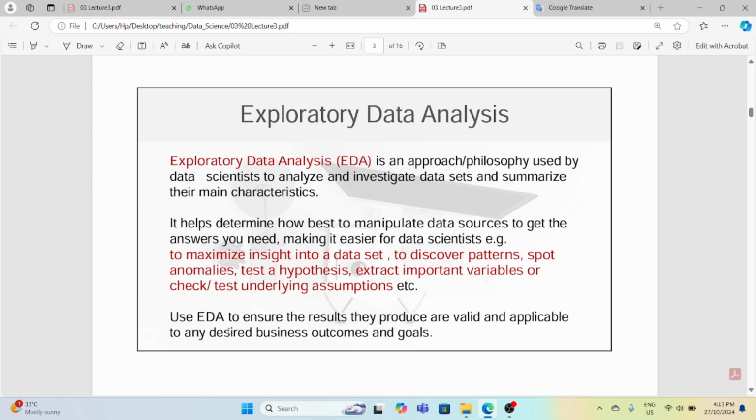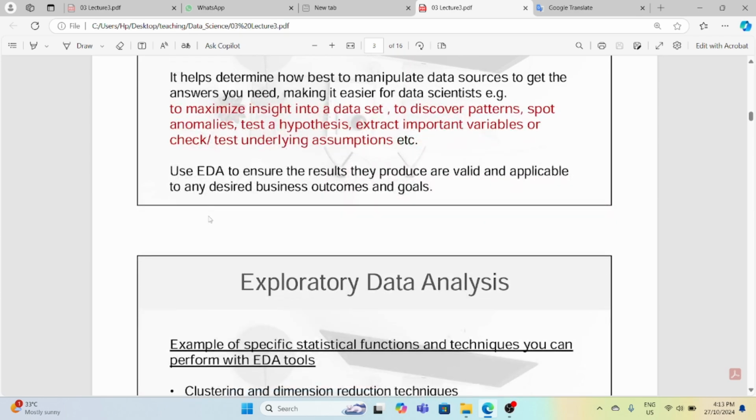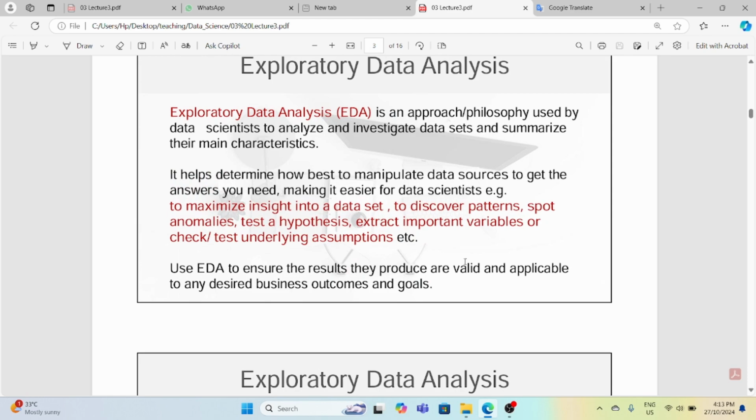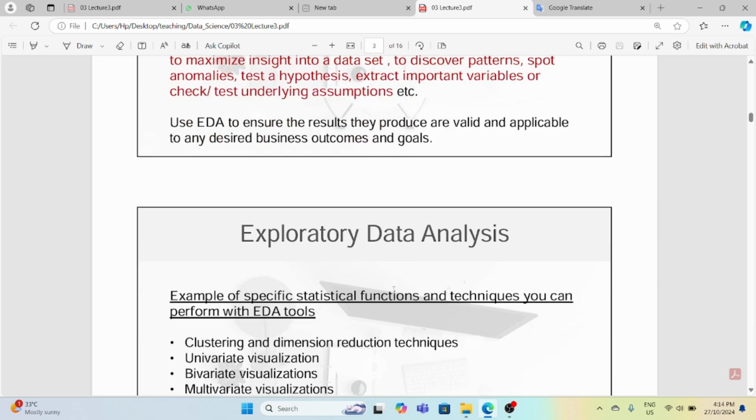Use EDA to ensure the results they produce are valid and applicable to any desired business outcomes and goals.